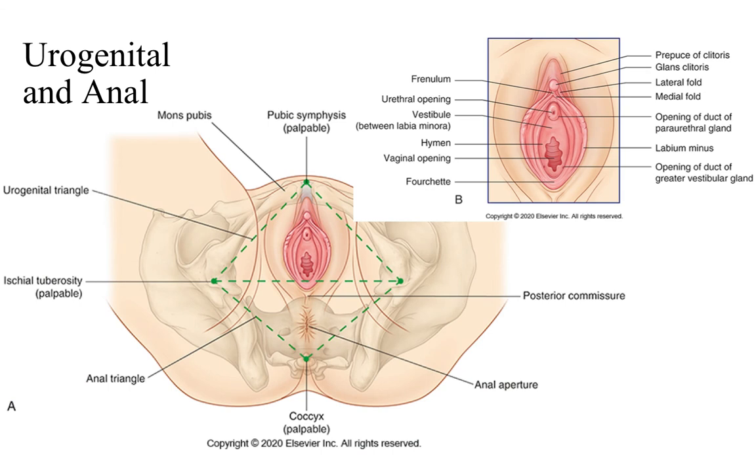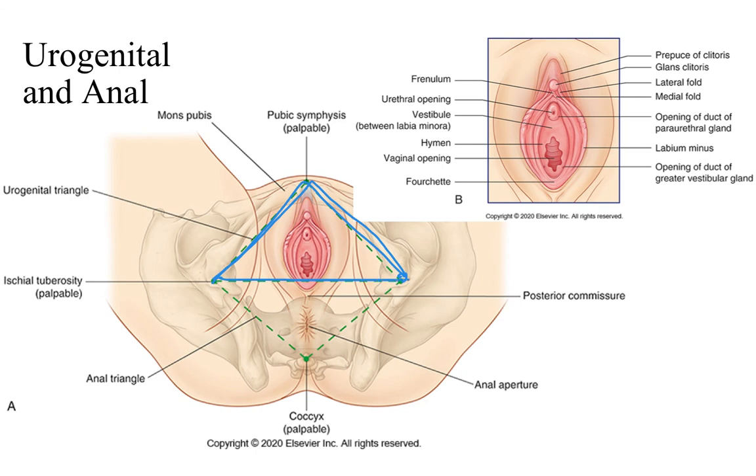This is a little bit of surface anatomy, if you will. Here, what they're showing you is the urogenital triangle, going from the pubic symphysis to the ischial tuberosities, and then a midline between them.